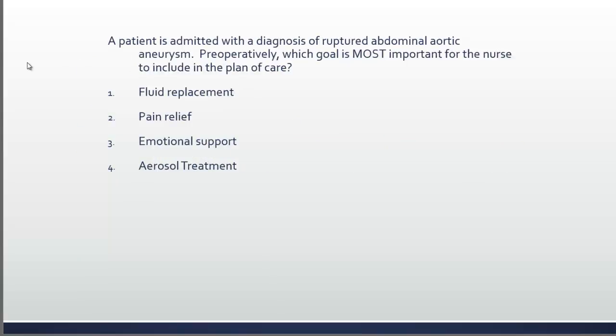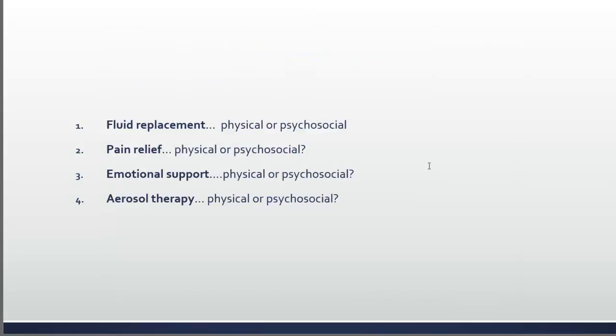A patient is admitted with a diagnosis of a ruptured abdominal aortic aneurysm. Preoperatively, which goal is most important for the nurse to include in the plan of care? Most. So, out of those, what is the most important?